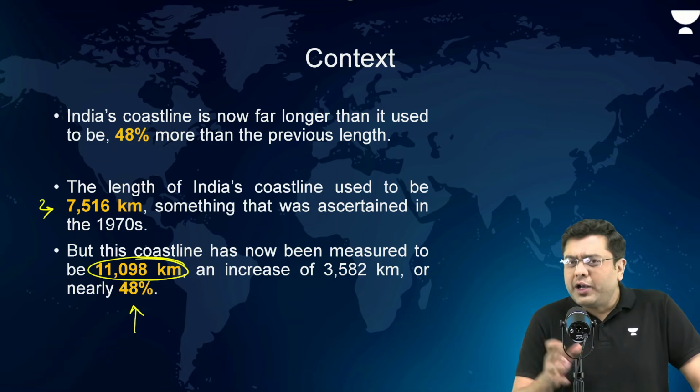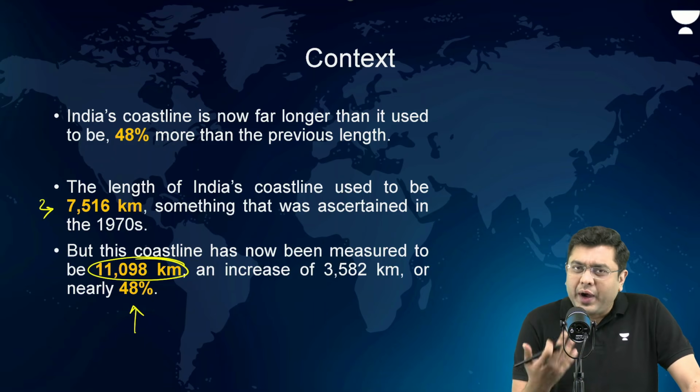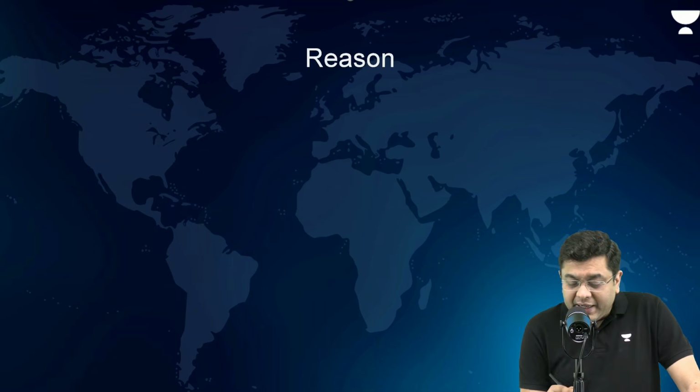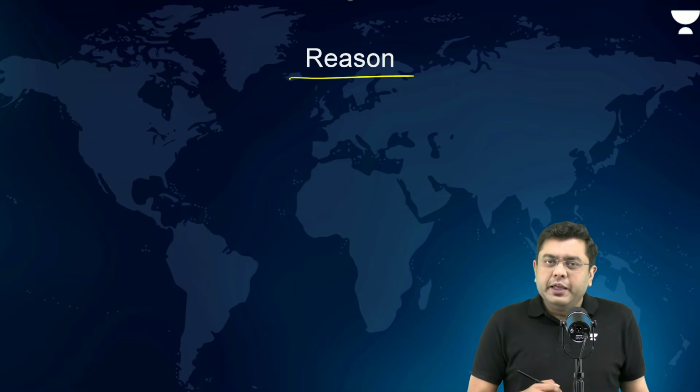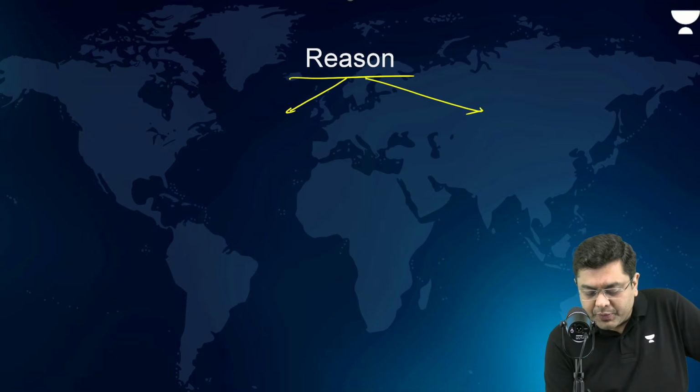Now, what are the reasons? Why do we experience this increase? And why is it that our overall measurements were earlier wrong? So let us talk about the reasons. Reasons broadly can be categorized into two parts. One is the case of measurement.